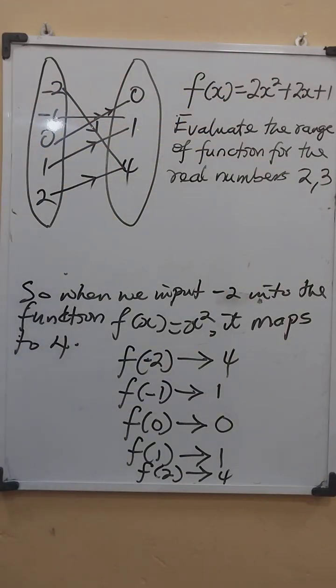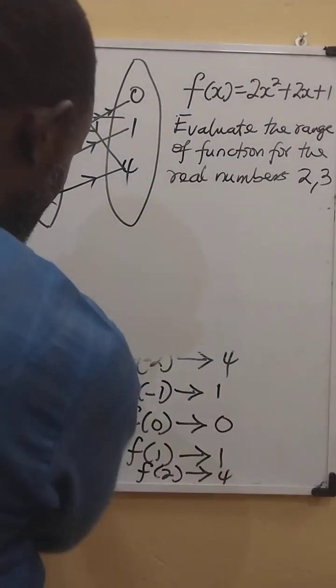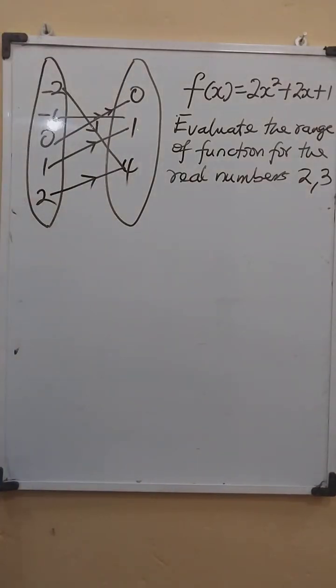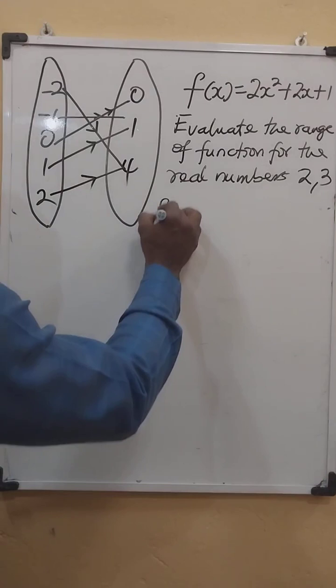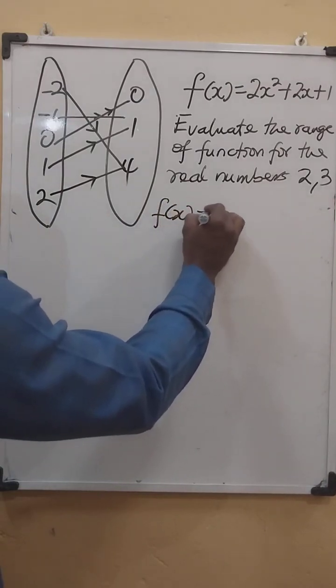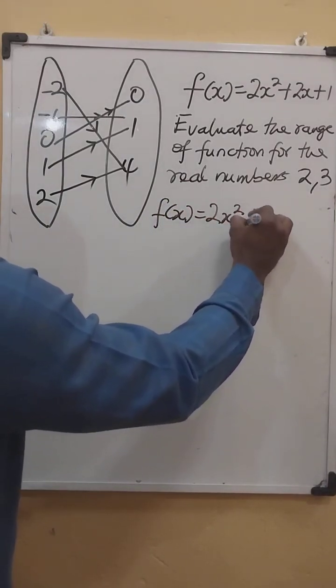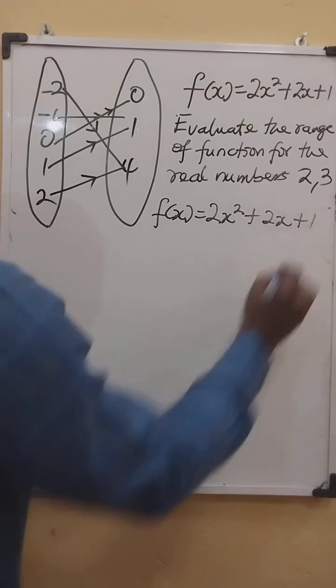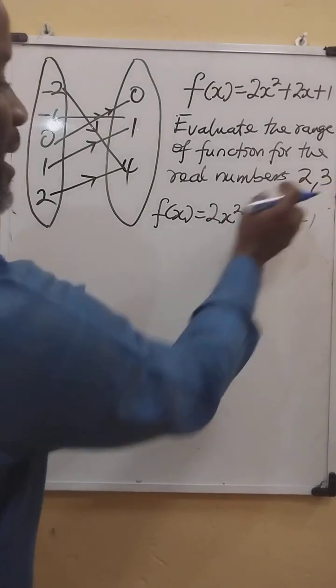So what we are expected to do in this case is just to substitute the value. It's a very straight thing now. So you bring down the function, 2x squared plus 2x plus 1. We take the first real number and substitute it.